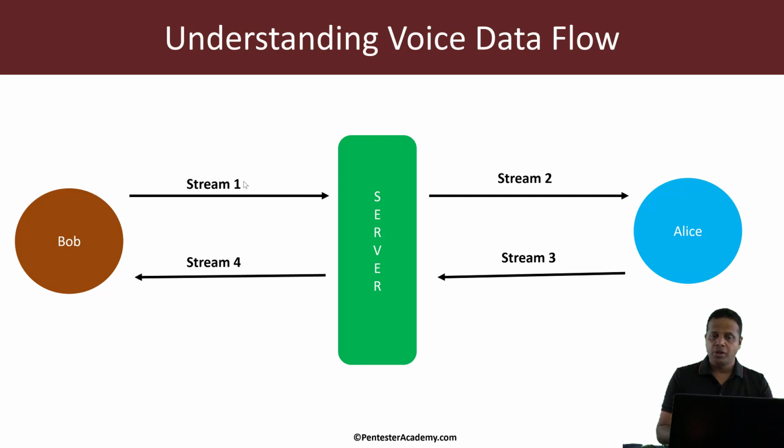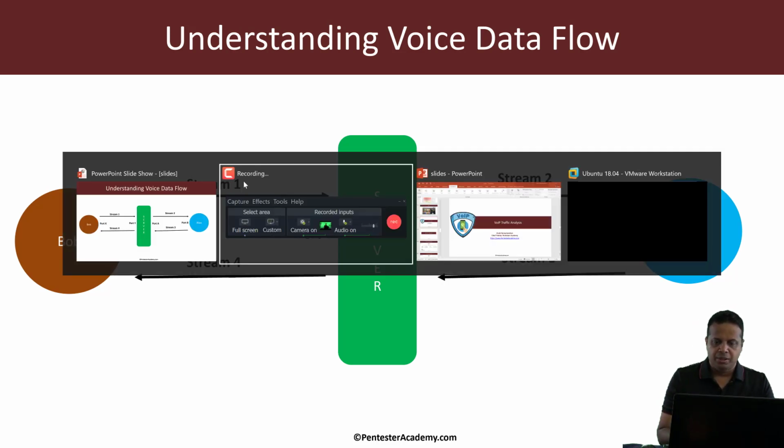As far as the port numbers are concerned, between Bob and the server, they'll have to decide which ports to use for voice data communication, and the same is true between server and Alice. Note that what I'm talking about right now is either RTP or SRTP. Above this, after the call is done and they want to end the call with a bye message, you really have SIP.